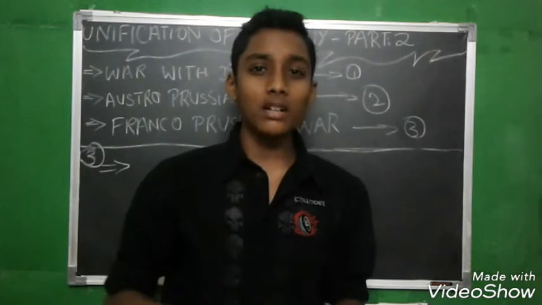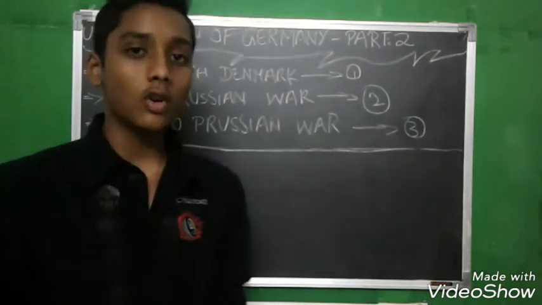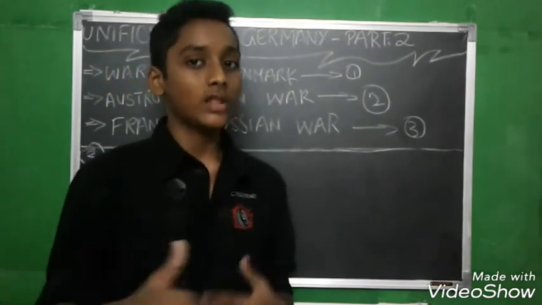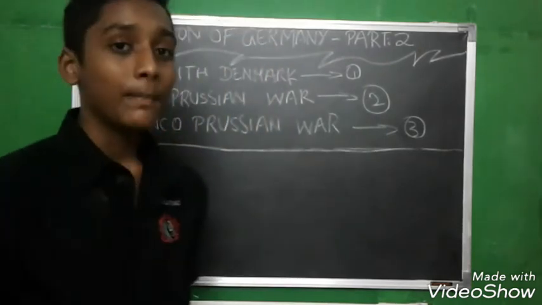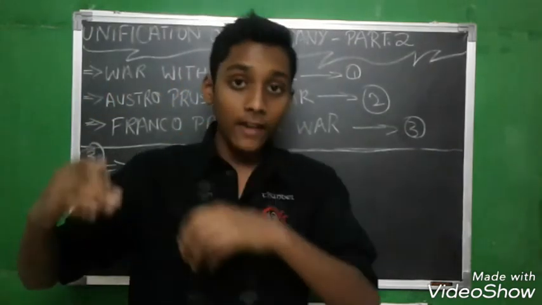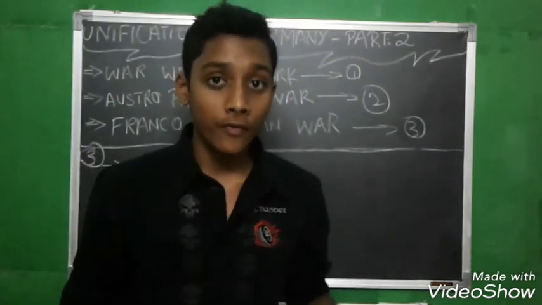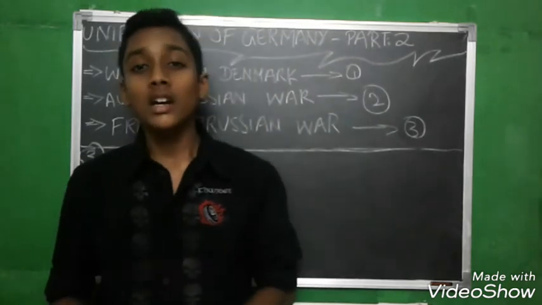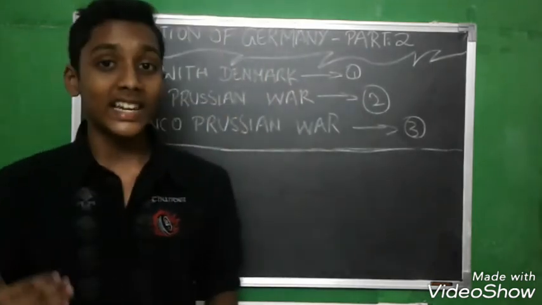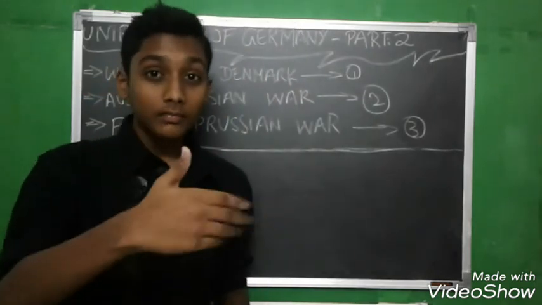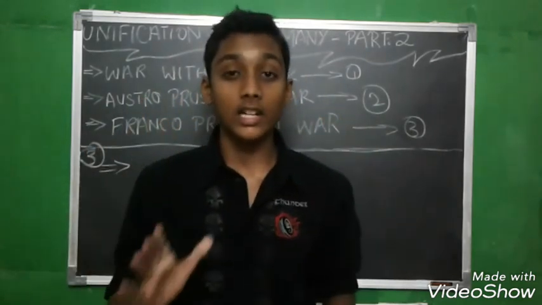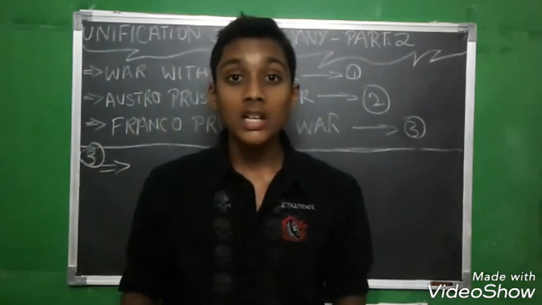But this was a little bit tricky, as it was not a direct war. It involved many procedures and aims. The main thing was that the king of Prussia sent a telegram to the king of France stating that he was not getting involved in anything of France. As he was sending the telegram, Bismarck manipulated the text in a really horrible manner.